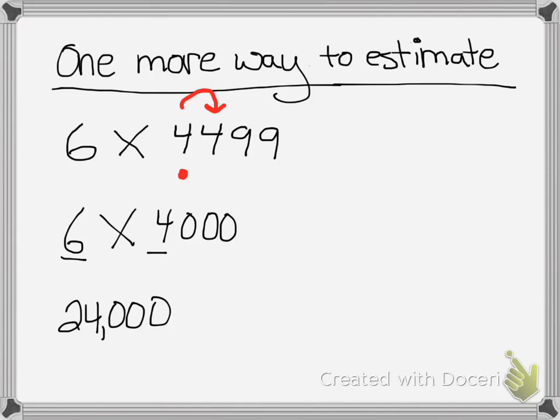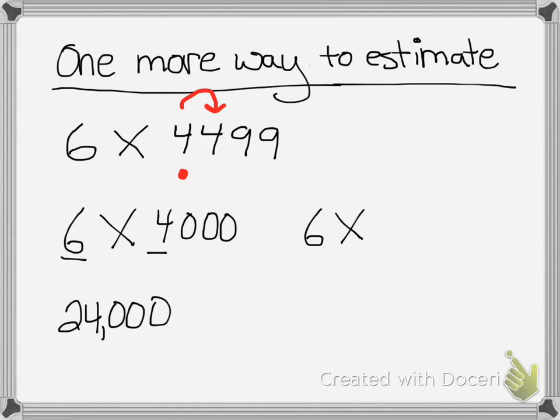And now the next way, I'm going to go up to the next 1,000. So instead of rounding to 4,000, I'm going to round up to the next 1,000, even though that ignores the rules that we've been teaching you for exact rounding.